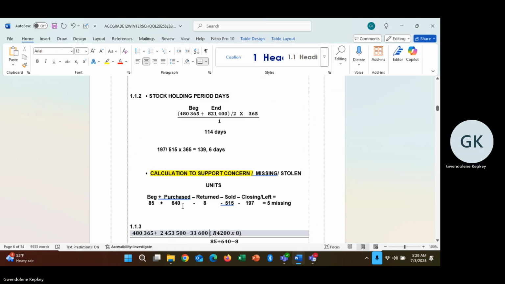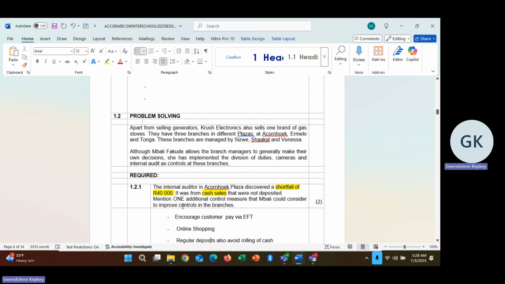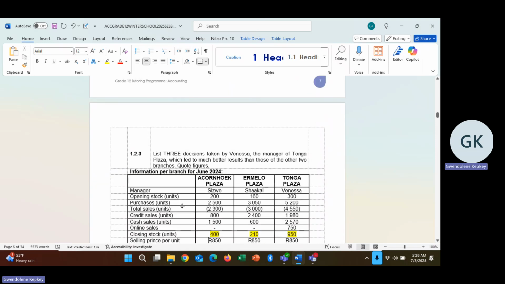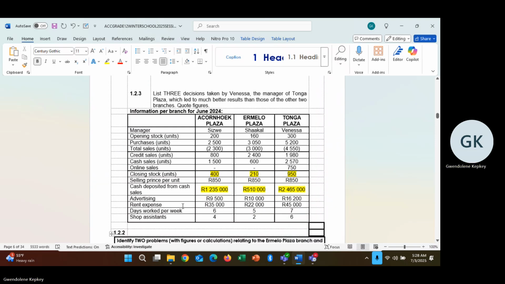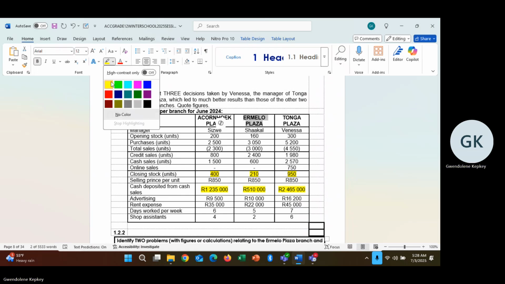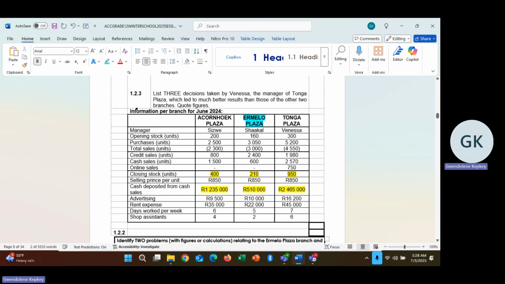Okay? So let's move and go and check what they are saying in my information. If I look at Ermelo Plaza, let's highlight what you see, what's a matter of concern.